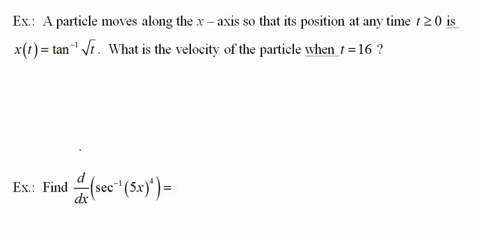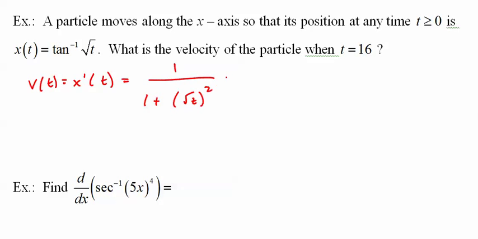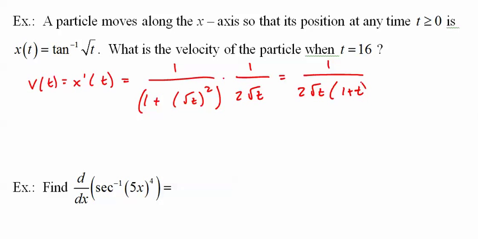If it's moving at this pace, we say velocity is x prime equals 1 over 1 plus root t squared, times the inside, 1 over 2 root t, equals 1 over 2 root t times 1 plus t.